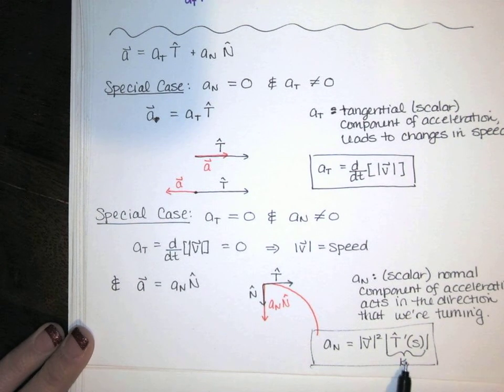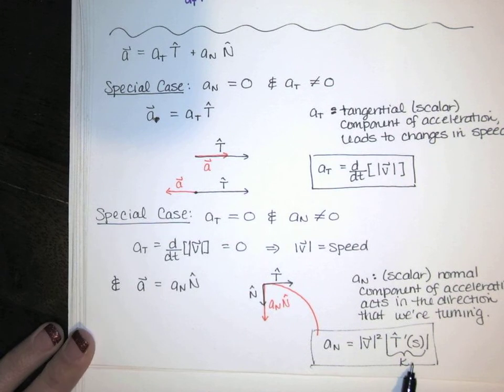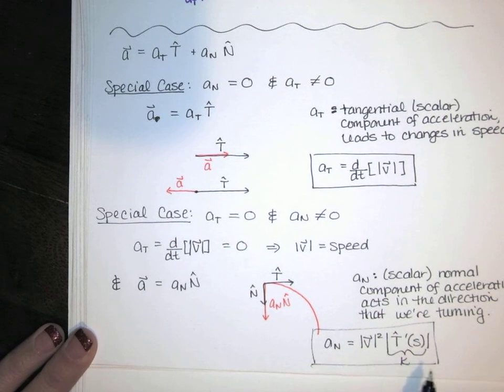And this curvature, it's some indication of how wide that turn is. If the curvature is 0, you're going on a straight path. If the curvature is something other than 0, and it's always greater than or equal to 0 because it's a magnitude, then you're turning. And the larger that curvature becomes, the sharper that turn is.